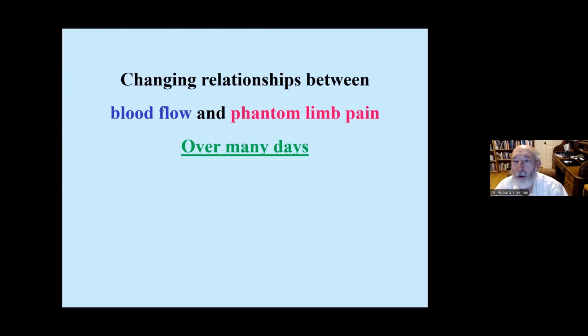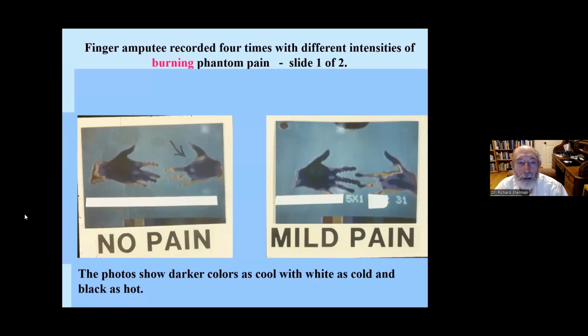We can look at this over many different days. So here's somebody who's lost a finger, okay? This finger was amputated in an accident. Here, both hands look like they're about the same temperature, and this person has no phantom pain. Here, this area is cooler than here, and they have mild pain in the phantom.